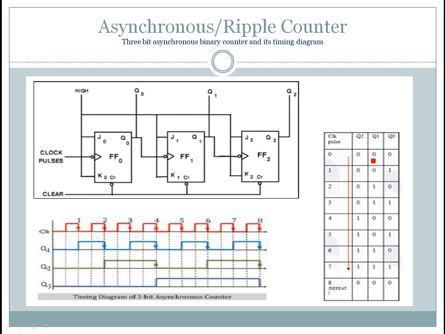So the 3-bit up counter starts its counting from 000, 001, 010 up to 111. Once it reaches the maximum count, that is 111, it rolls over to the very first state, that is 000 again. That means it repeats the counting.